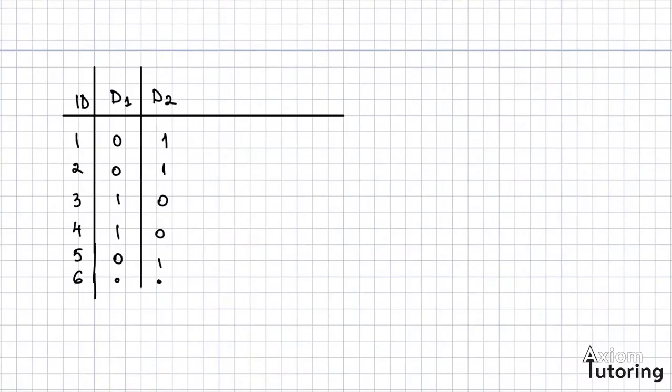What happens in this case? Well, technically you have now created a 3rd category of missing observations. So you won't be able to clearly say that D1 plus D2 is equal to 1, because for this particular one, you don't have information.